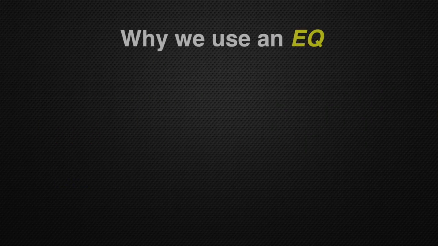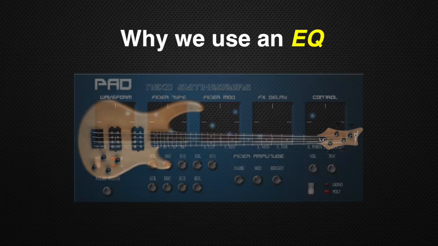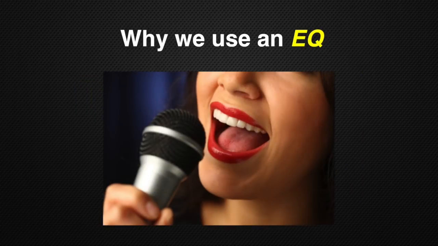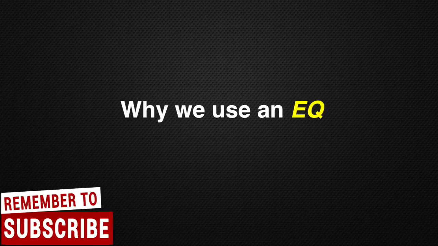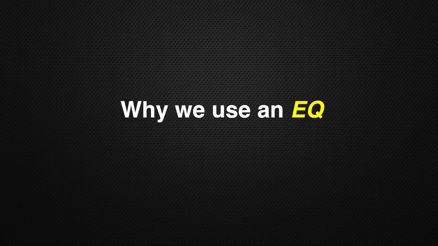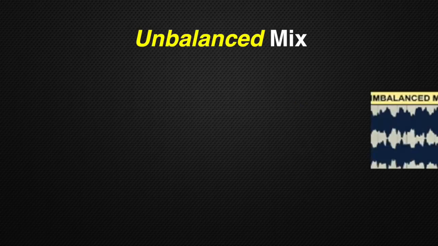If we were to start building our track and throw in drums, basses, pads, synths, and vocals with no EQing, then some of the elements would be hard to hear. Some would be too loud, and some would be conflicting with each other. In other words, the entire balance of the mix would be off, and adjusting the loudness of specific frequencies would be needed.